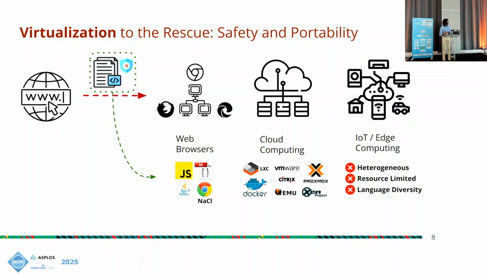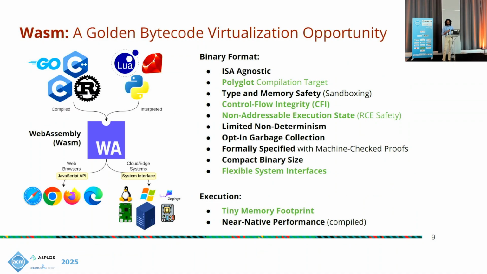But one virtualization technique that has been very promising across all of these domains has been WebAssembly. So to give people a bit of a primer on WebAssembly, it's essentially a bytecode format, but what makes it slightly unique is the fact that it's a polyglot compilation target, which means we can actually target numerous compiled and interpreted languages, potentially memory unsafe, like C and C++, but move them to this safe, type safe, and memory safe sandbox.